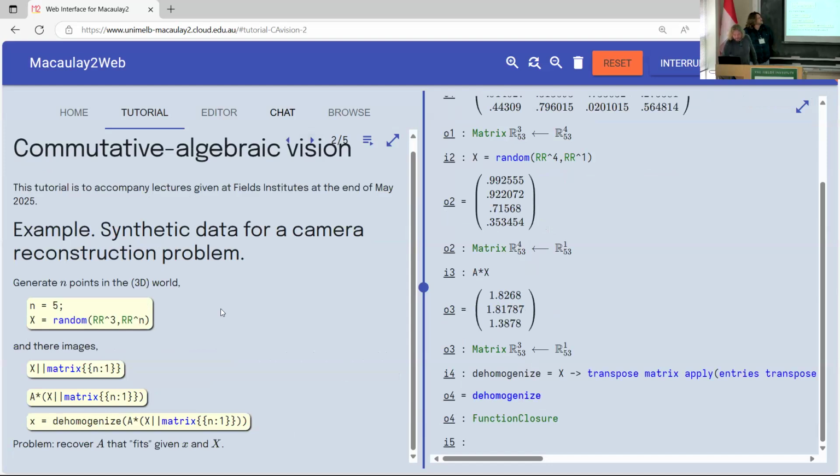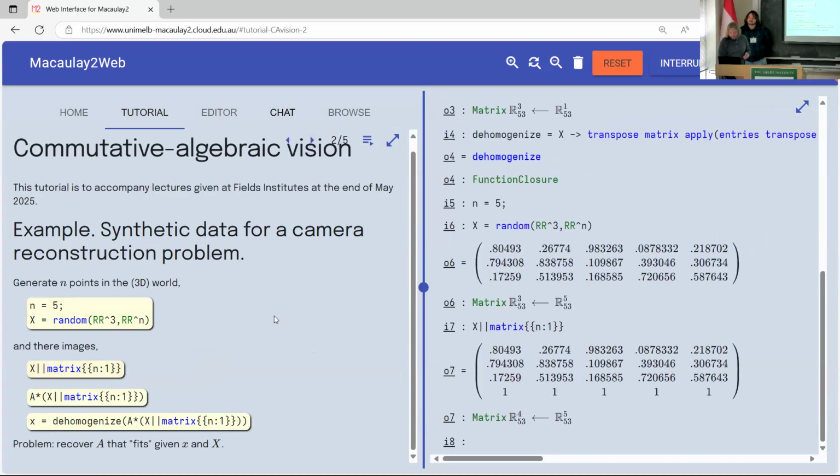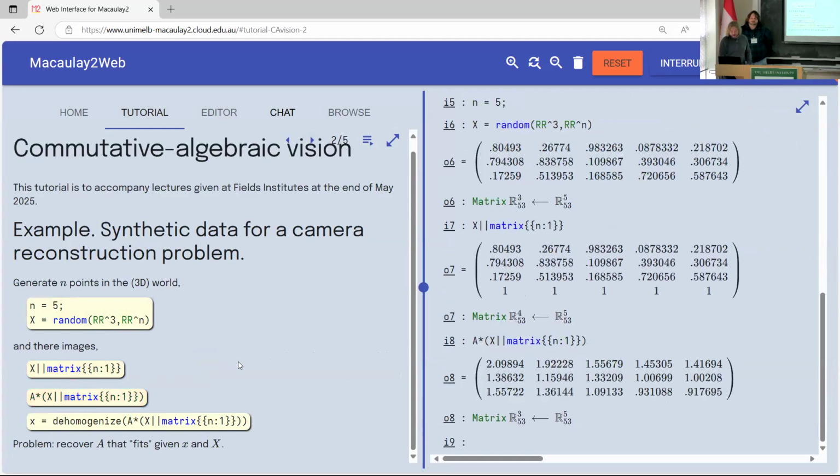Okay, so let's continue with this example. Suppose I generated 5 points in the world in the affine chart. So each column is a point. There are 5 points. I could attach one more coordinate to them to make the coordinates homogeneous. I can apply my map to get 5 points in P2.